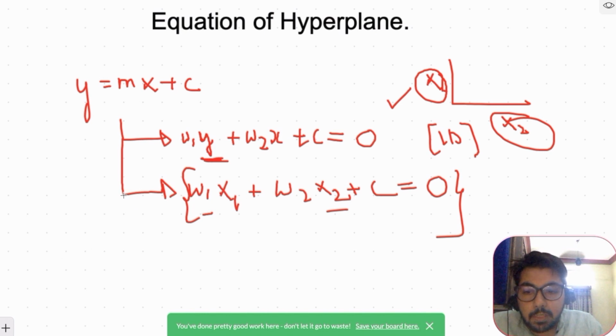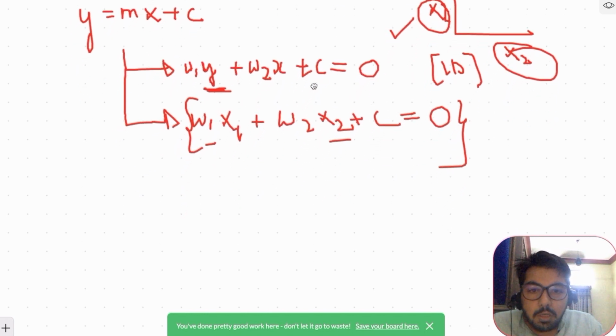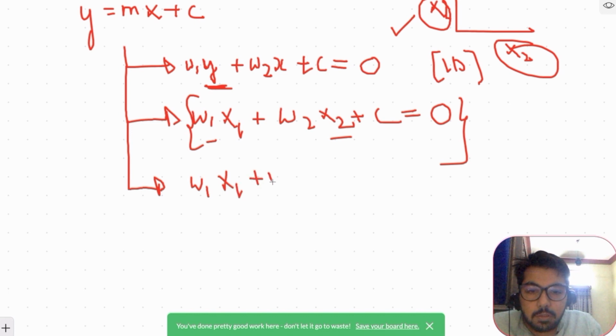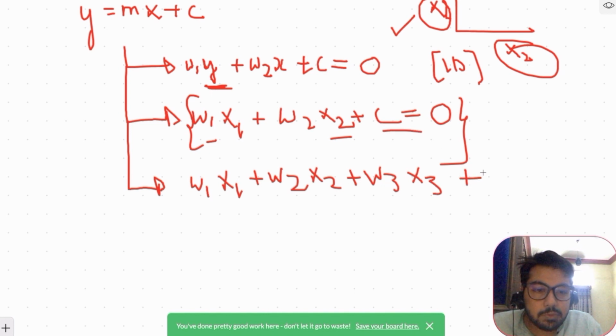If I write it for a plane, a two-dimensional plane, it would be w1 x1 plus w2 x2 plus w3 x3, and for this c, let us take it as w0, which is equal to 0.